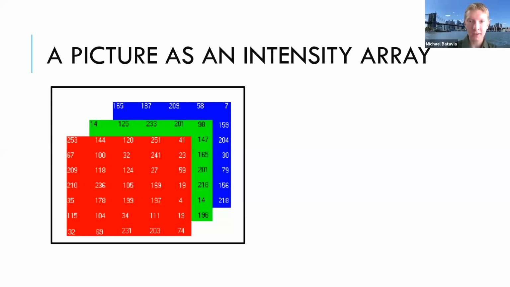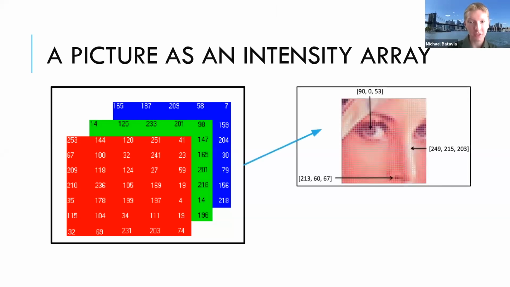So what we call a picture can also be described as an intensity array. And here's how I'm going to explain this. So you guys know about the format RGB, which stands for red, green, blue. Red, green, blue refers to channels within an image.